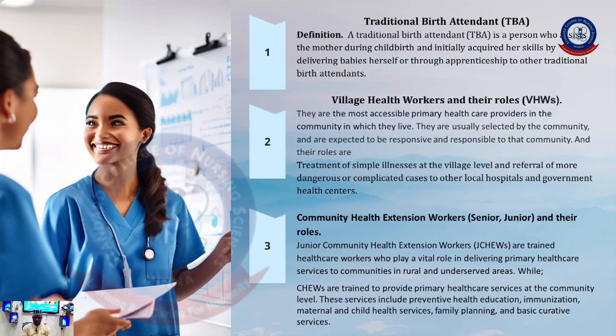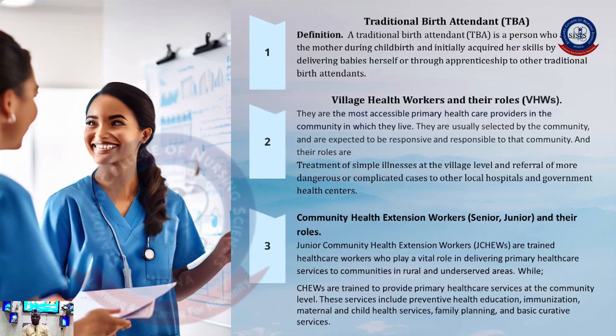Then we also have community health extension workers. We have the junior community health extension worker and the senior one. We refer to the junior as J-CHEW, and the senior one as CHEW. So their roles in the community: they are trained healthcare workers who play a vital role in delivering primary healthcare services in rural and underserved areas.